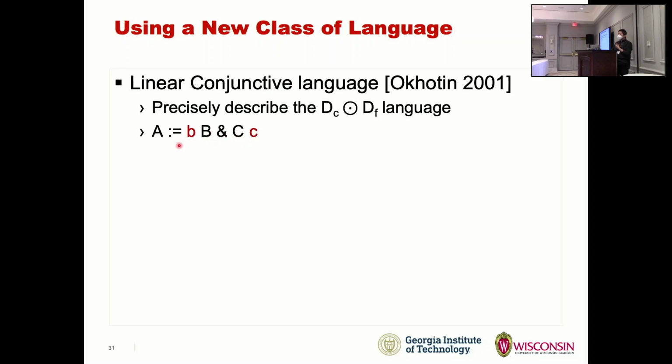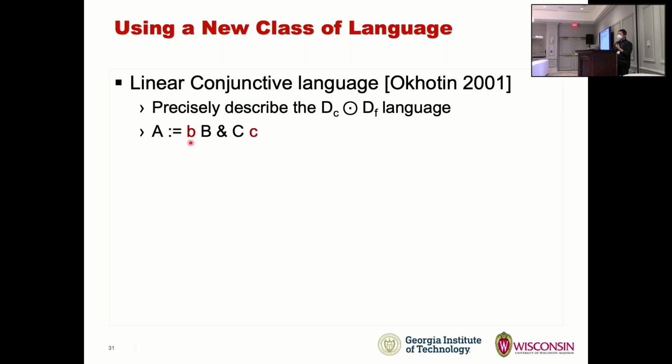Okay, so let me try to explain the semantics of this rule. Here we will see a special ampersand sign. That just means and, it means simultaneously. In order to generate a non-terminal A in this language, two constraints must be satisfied simultaneously.